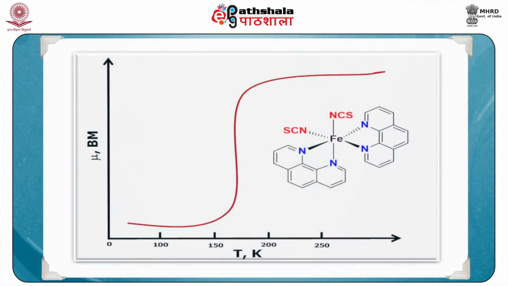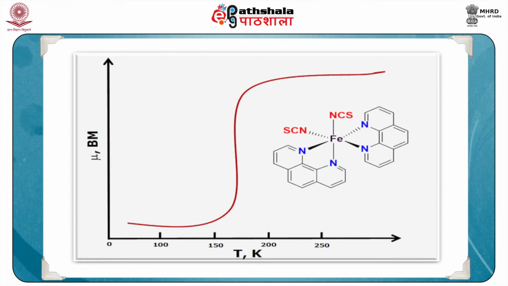The most interesting example of spin crossover is the complex shown on the screen. At high temperature, this complex exists as high spin with four unpaired electrons, and a moment consistent with four unpaired electrons is observed.